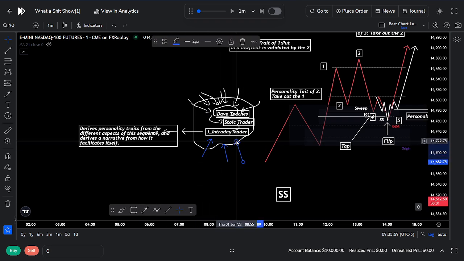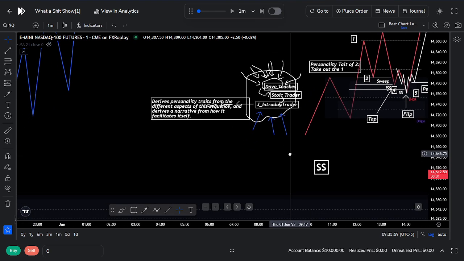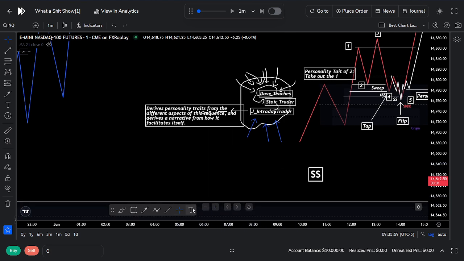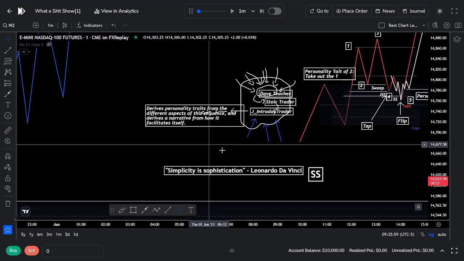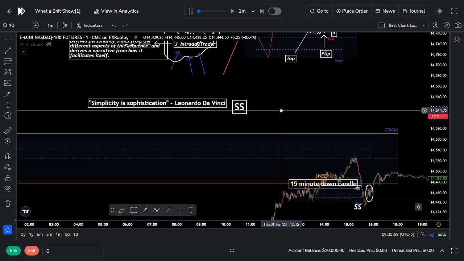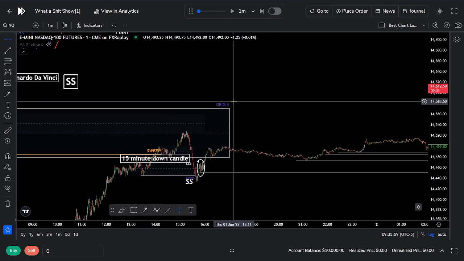And Stoic has a quote, or he got it from Leonardo da Vinci: simplicity is sophistication. Guys, we have to learn how to understand the market in a simplistic way.